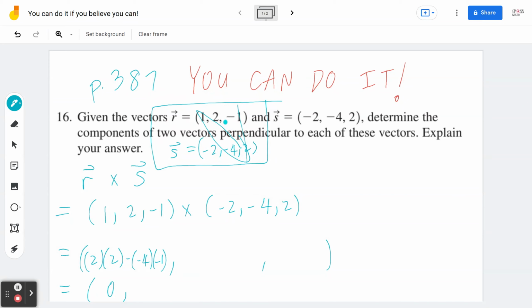You take the product of 1 and negative 4 minus negative 2 times 2. If you go back, that's going to be 1 times negative 4 minus negative 2 times 2. And this is going to be negative 4 plus 4. So again, that's going to give you 0.